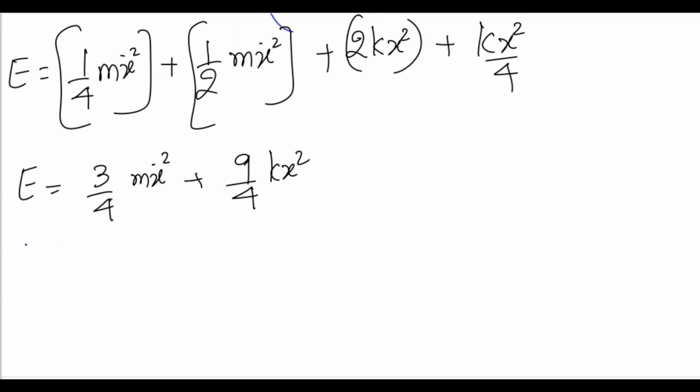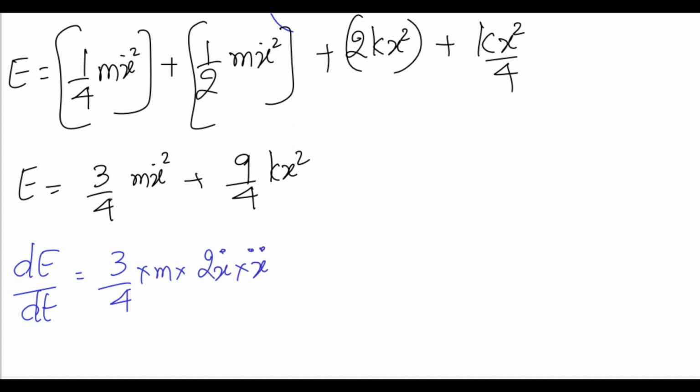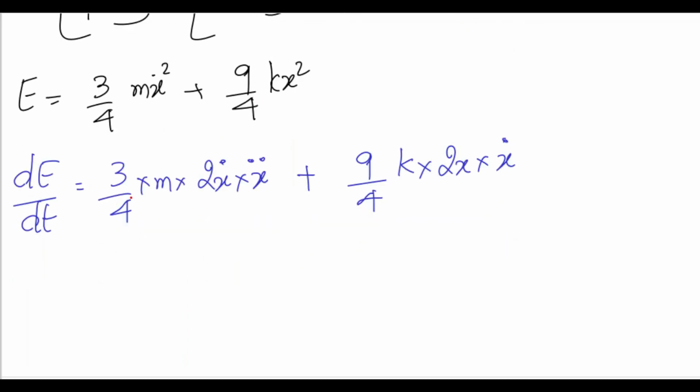Okay, now what will we do? Differentiate this energy with respect to time. That will give you 3 by 4 into m into 2x dot into x double dot plus 9 by 4 into k into 2x into x dot. Once this is done, we can see that this will be 2 and this will go off, and x dot and x dot will also go off.